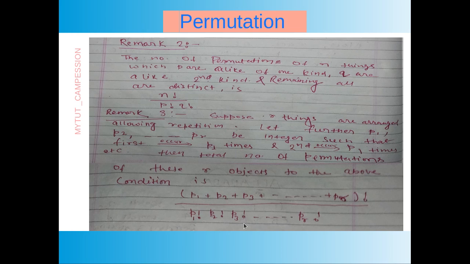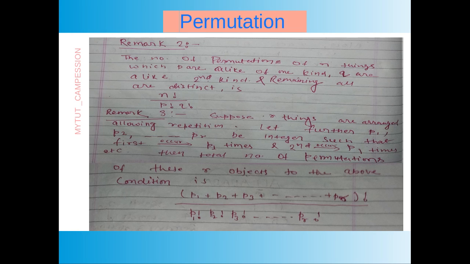Remark 2: the number of permutations of n things of which p are alike of one kind and q alike of a second kind, the remaining all distinct, is n factorial divided by p factorial into q factorial, like theorem one.